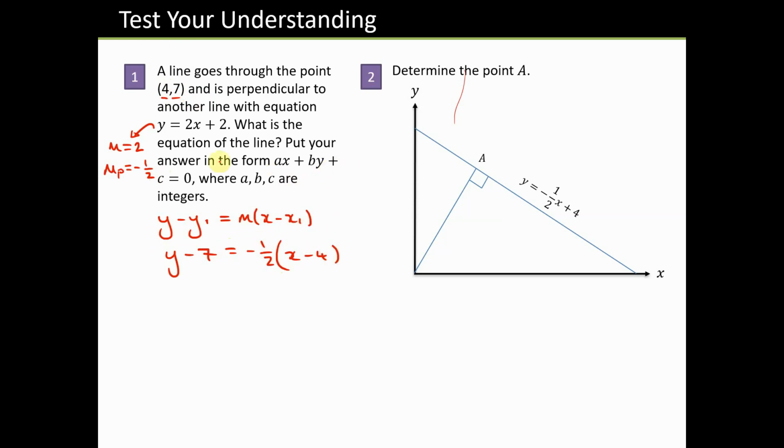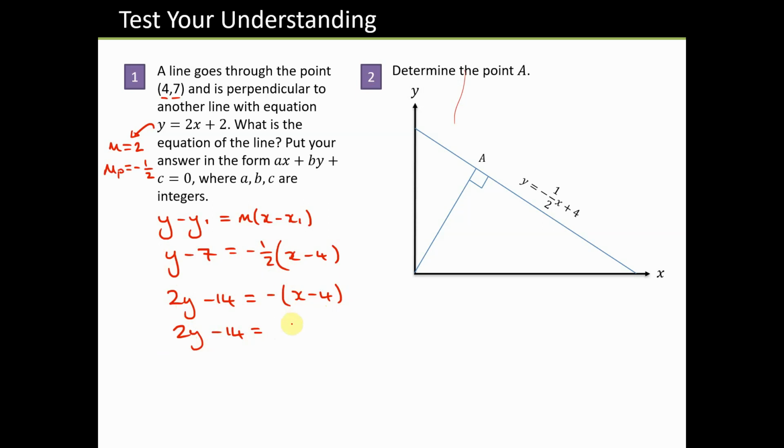And we want to put it in the form that they've asked, so we need to do quite a bit of rearranging here. I'm going to times everything by 2. So 2y minus 14 equals minus, then brackets here. You could times everything by minus 2 and make this side negative.